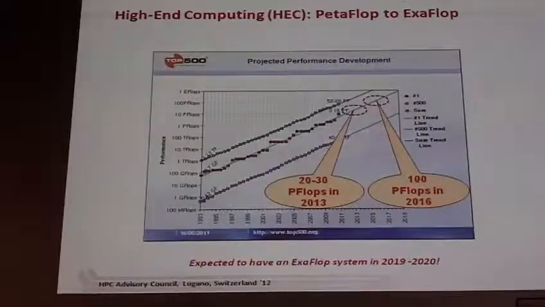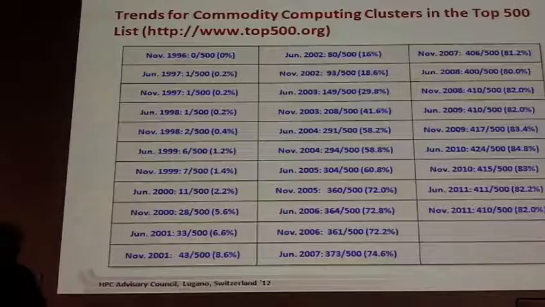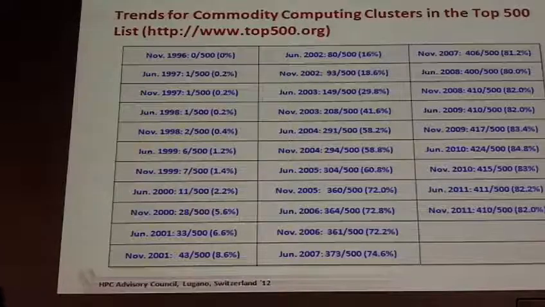When we are talking about all these systems, over the years there has been a lot of great progress, especially in the field of clusters. Here is a chart taken from the Top500. In November 1996, 0 systems were clusters. These were all the traditional IBM, Cray kinds of machines.